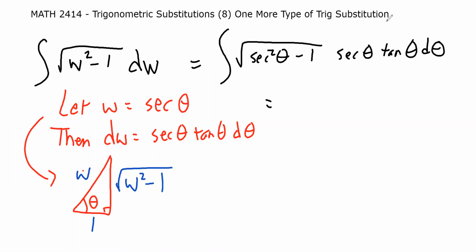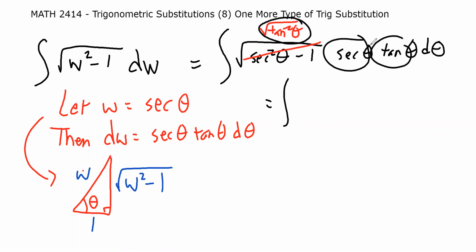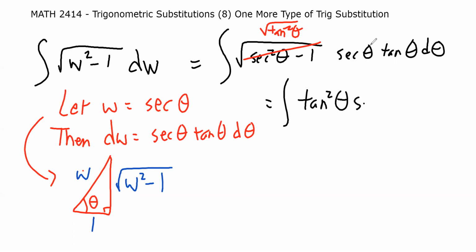We chose our substitution because secant squared minus 1 is tangent squared. So this becomes the square root of tangent squared. But the square root of tangent squared is just tangent. So we have a tangent, secant, and another tangent, which means we have a tangent squared theta secant theta d theta.